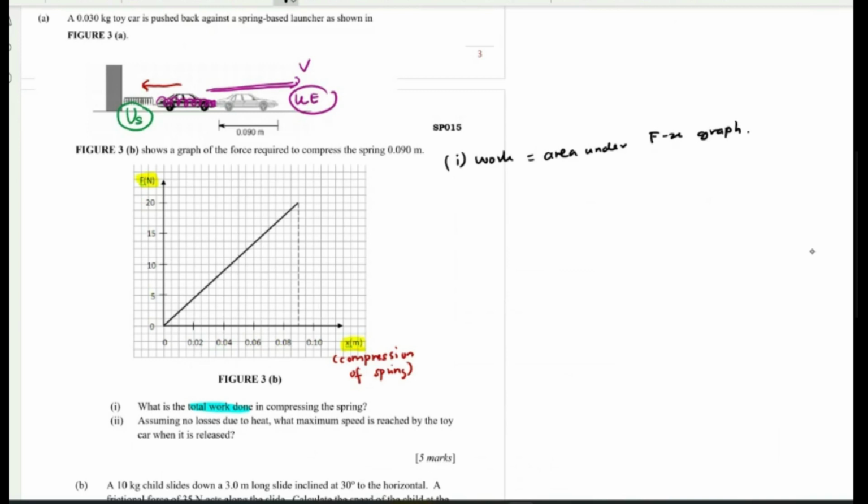Dia akan jadi equal to half times 20, which is the force, and then X, tengok pada gambar ni lah. Tengok betul-betul gambar ni. Ini sampai sini saja 20. And then this is 0.09, bukan 0.1. 0.09. Alright, and then the answer is 0.9 joule.